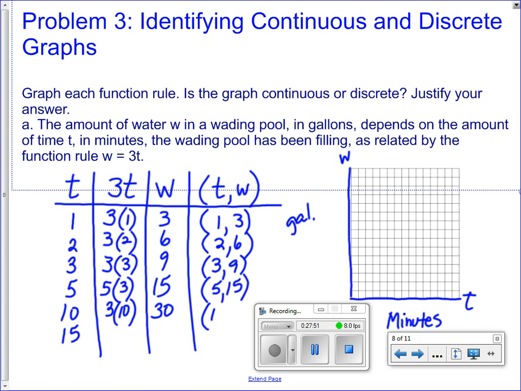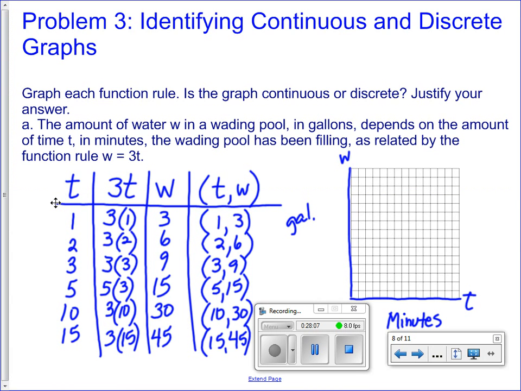So we have the ordered pair 10, 30. And finally, we have 3 times 15, which is 45. And we have the ordered pair 15, 45. Now, for the sake of being consistent, I want to go back to this problem right here, and I'm going to erase that because I can see I was getting in a hurry, and I should have taken 3 times 5, although 5 times 3 is exactly the same thing.